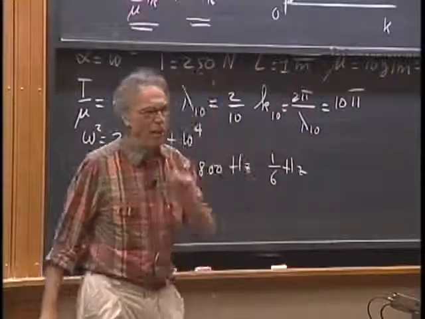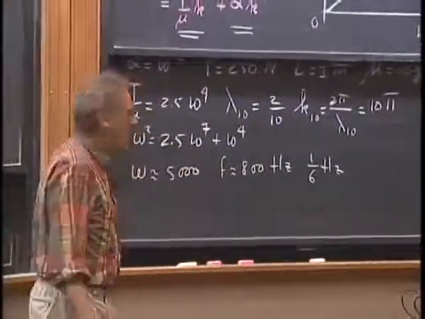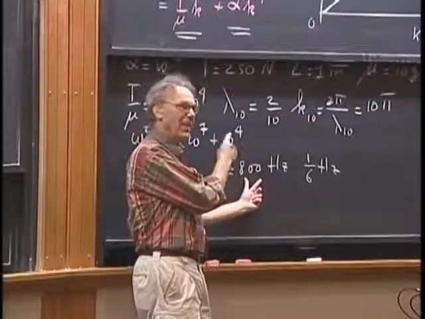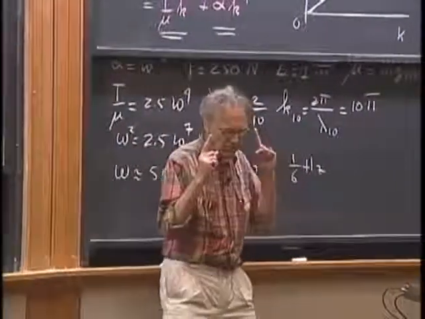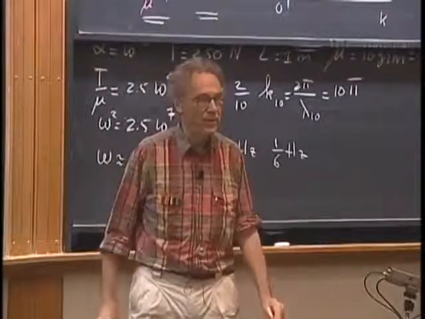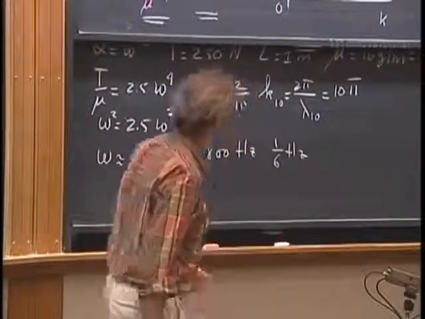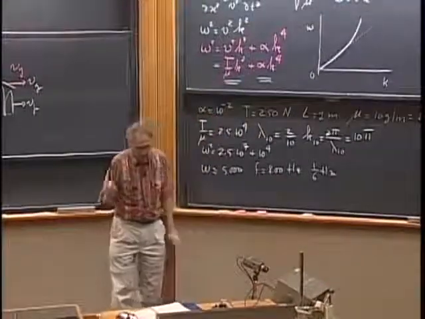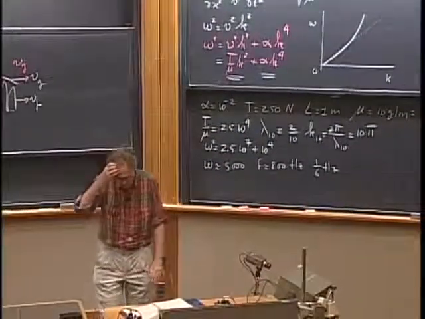So at the 10th harmonic, if you expected exactly 800 hertz, this is of course not exact, but I take a round-off number, then it would be 1/6 of a hertz higher because of the dispersion relation. But if you make alpha 10 to the minus 1, which is by no means impossible, then it would go up by 1.6 hertz.